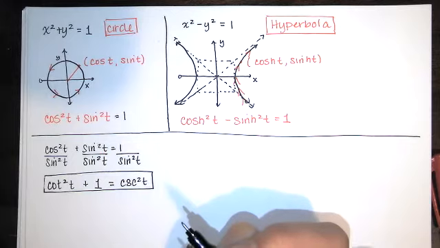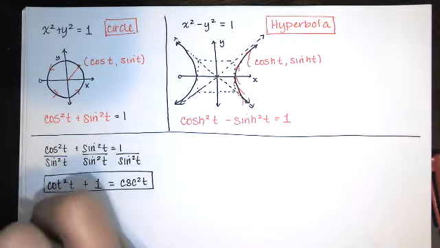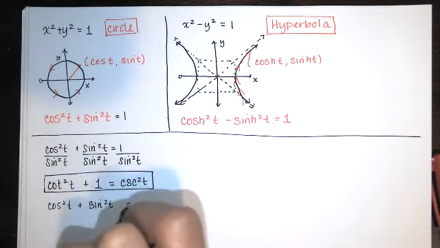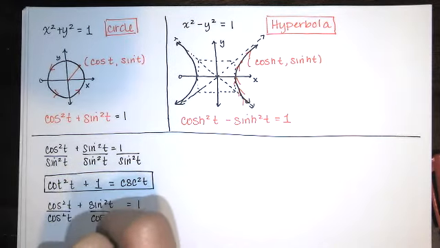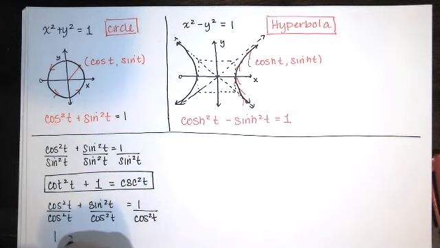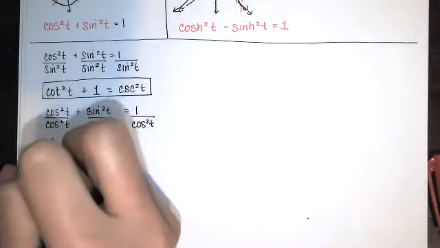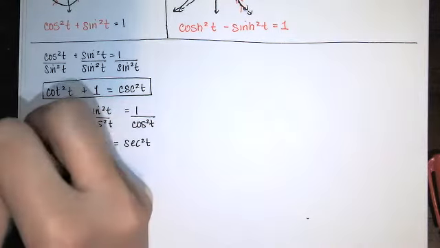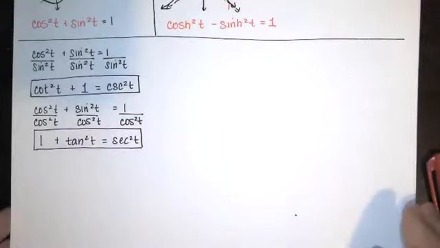So that was one of our Pythagorean identities. Now if I take the same equation and I divide it by cosine squared, we get cosine squared over cosine squared is 1. Sine squared over cosine squared is tangent squared. And this over here is secant squared. And that gave us 2 identities.